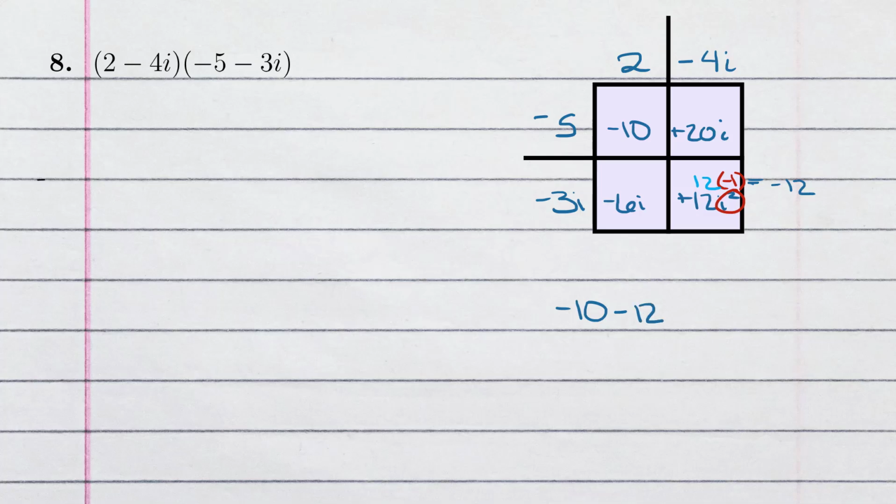And when I look at my imaginary parts, I have a positive 20i minus 6i. And so negative 10 minus 12 gives me negative 22. Positive 20 minus 6i gives me a positive 14i.